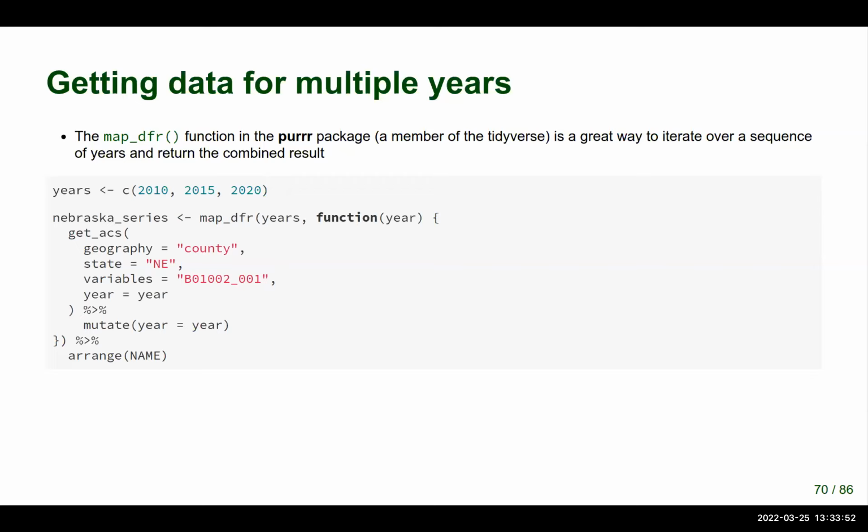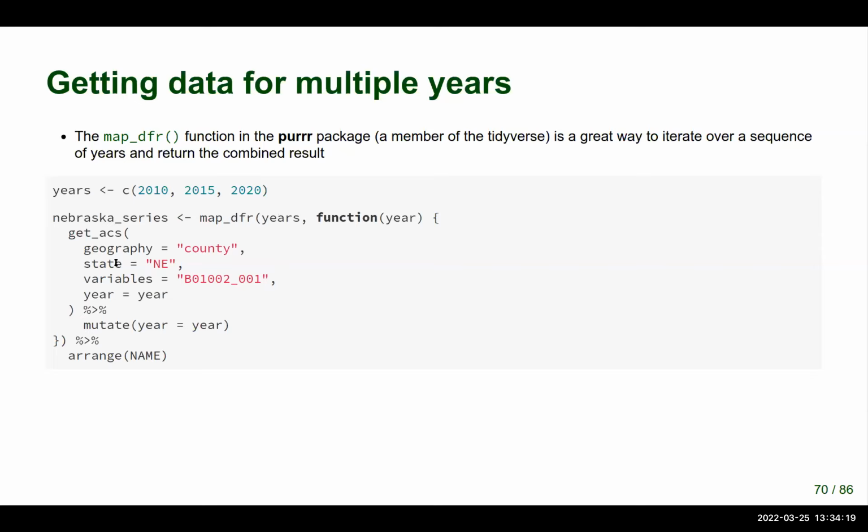We could go through and use get_acs. We could grab that for 2010, grab it for 2015, grab it for 2020, assemble the result manually, and that wouldn't be too onerous. What map_dfr allows you to do is take a sequence of years here, 2010, 2015, and 2020. It iterates over those years. So you can think of that for each of these years, apply this function.